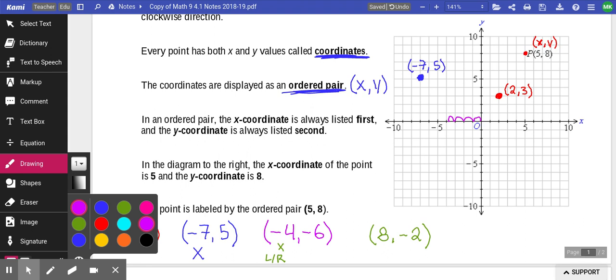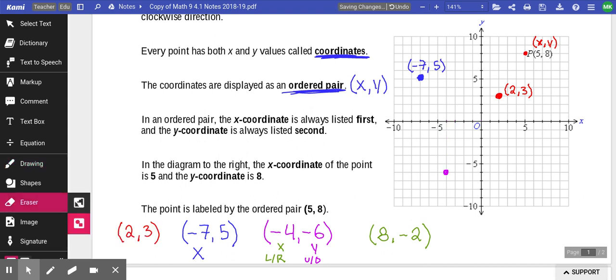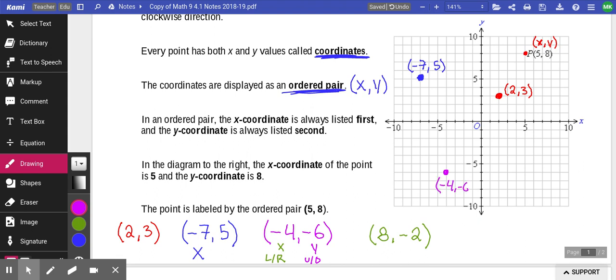The y value is the second one in an ordered pair. It tells you up or down. If it's negative, it's down. So I'm going down 6: 1, 2, 3, 4, 5, 6. That is where your point should have been. And that is -4, -6.